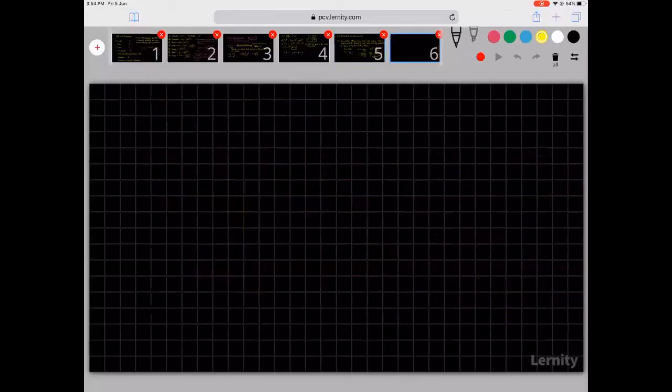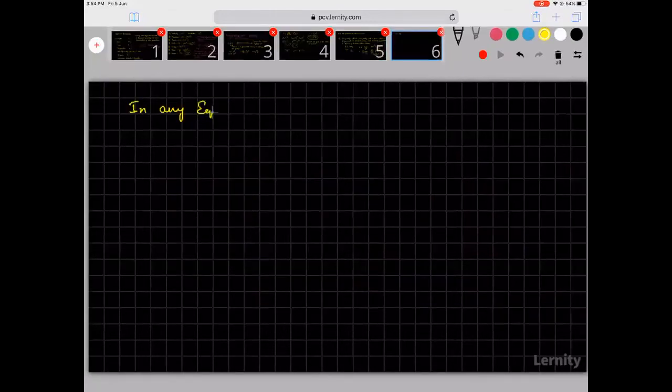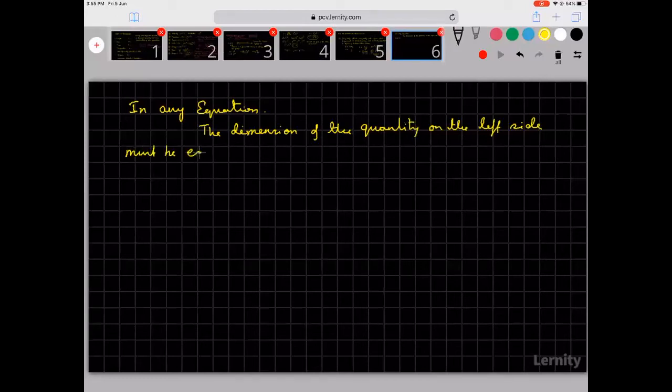Whenever we are studying dimensions, we have to understand one thing: in any equation, the dimensions of the quantity on the left side must be equal to the dimensions of the quantities on the right side.